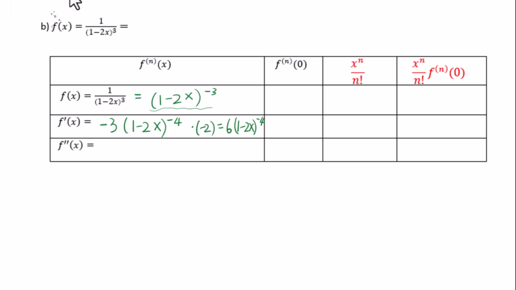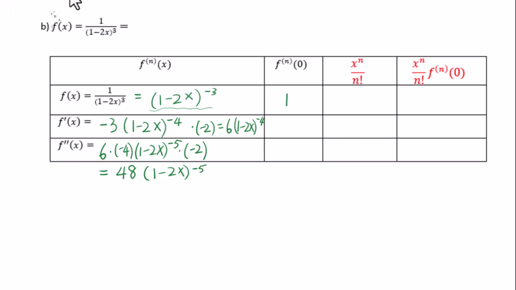For f double prime of x, equals 6 times negative 4 times (1 minus 2x) to the negative fifth power, then do the chain rule, negative 2. That gives 48 times (1 minus 2x) to the negative fifth power.